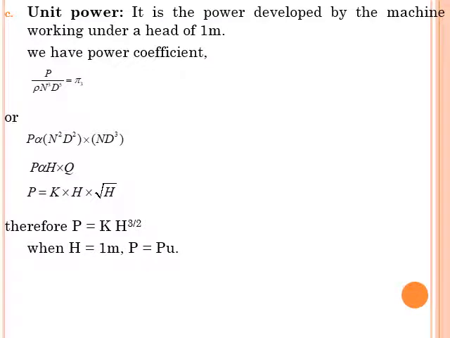When the head equals 1 meter, then P equals PU, the unit power. Therefore, the unit power is given by PU equals P by H power 3 by 2. That is the expression for unit power.